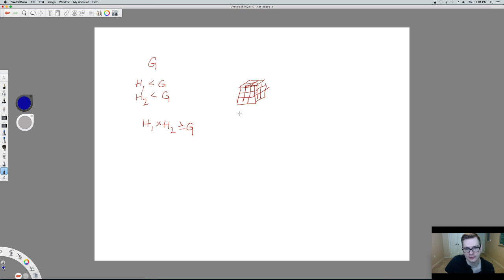So we can say let H1 equal the corner group. Since the corners and edges don't overlap at all, we can look at the corners and edges as individual, separate systems in and of themselves. H2, consequently, is the edge group.